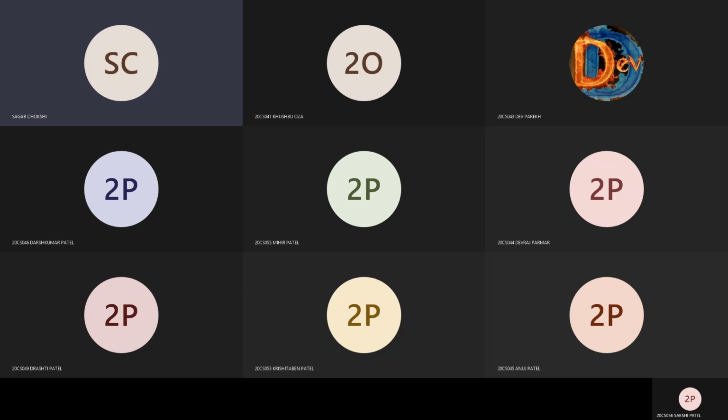No, there is no video for the practice drawing. Whatever is visible in the particular PDF, you have to try to make exactly that. These drawings are taken from the ND Bhatt book, Engineering Drawing by ND Bhatt, so you can directly refer to this book. All the information is given in this book.